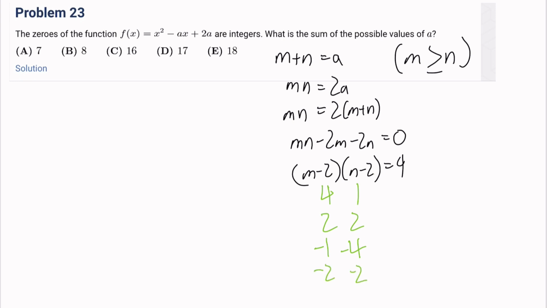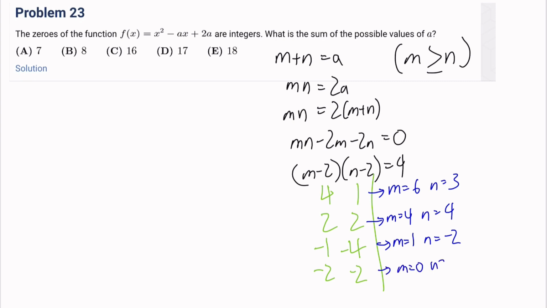And so these are all plausible possibilities, and for 1 will give m equals 6 and n equals 3. This will give m equals 4, n equals 4. This will give m equals 1 and n equals negative 2. This would give m equals 0 and n equals 0.